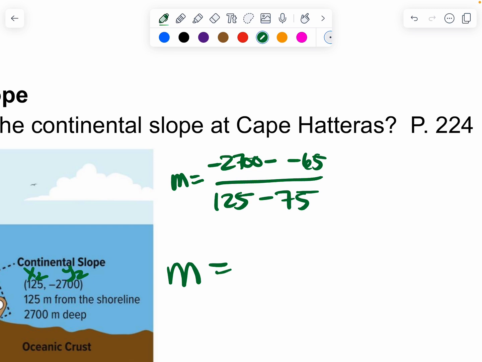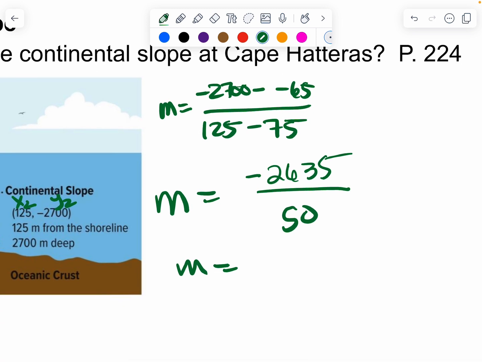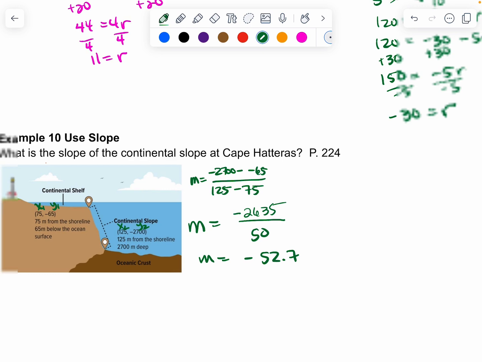So we get negative 2635 over, it should be 50, but I'm just making sure. So let's see, 2635 divided by negative 52.7.